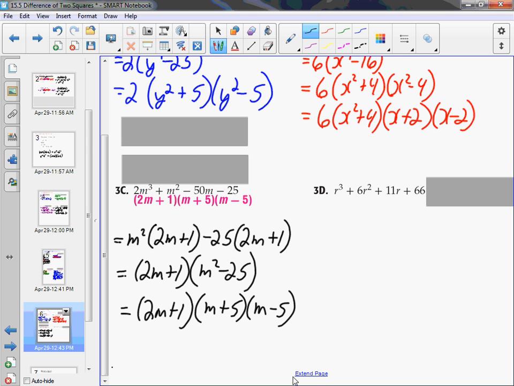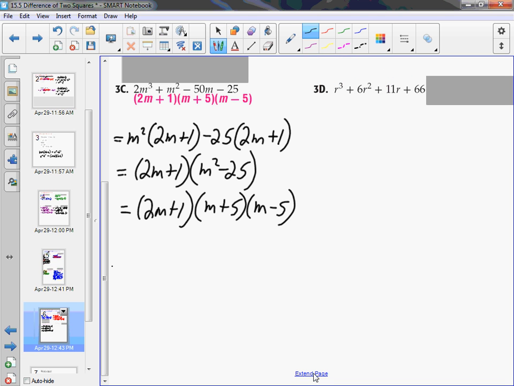And I want you to see this enough times. If there's an equal 0, why can I not write 2m plus 1 equals 0, or m plus 5 equals 0, or m minus 5 equals 0?